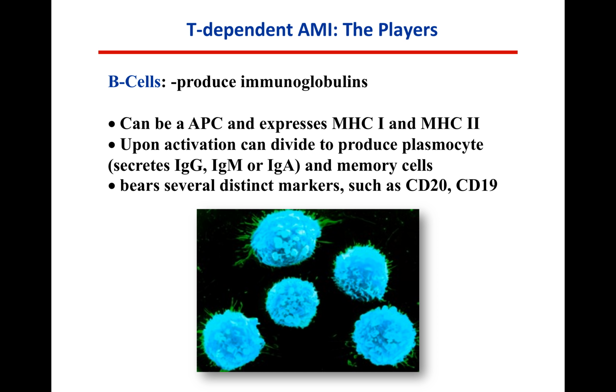And so we can identify B cells by these particular proteins on their surface, and we can identify other types of immune cells by different types of CD molecules on their surface. And you can see here's a B cell. They're round. They have a very fluffy outer membrane, and again they express antibody on their surface.